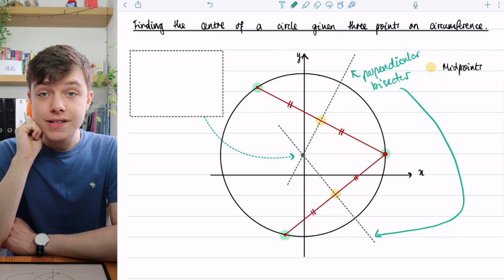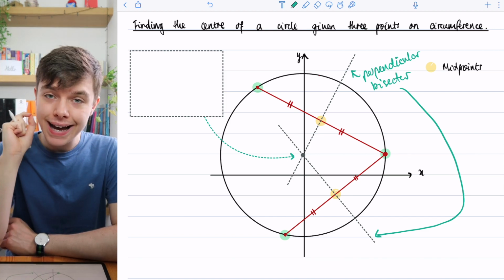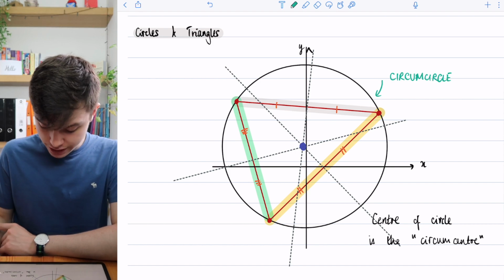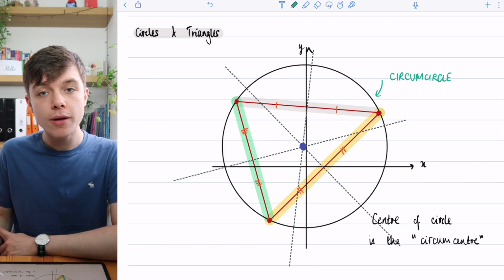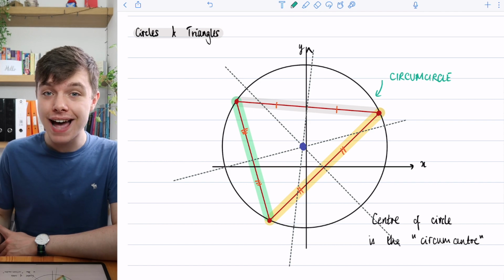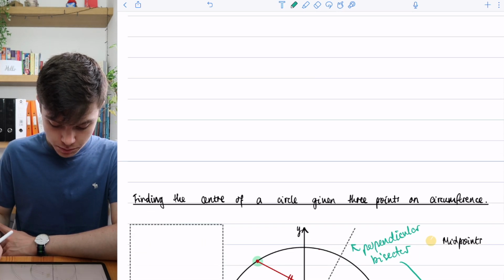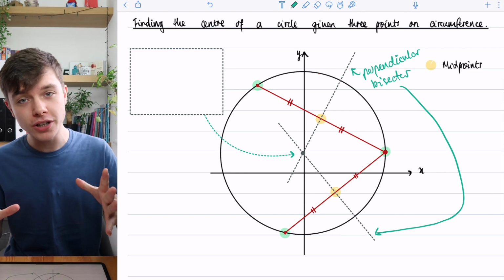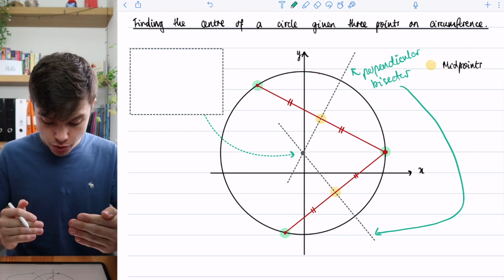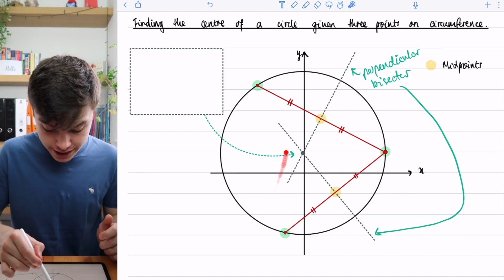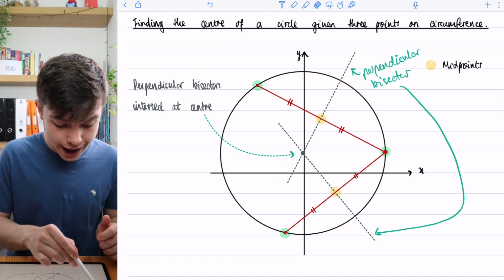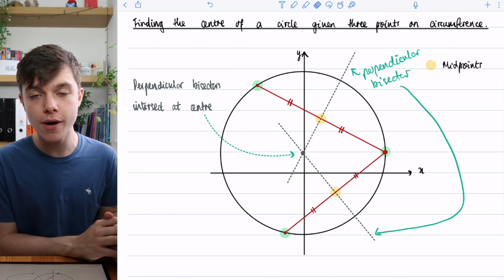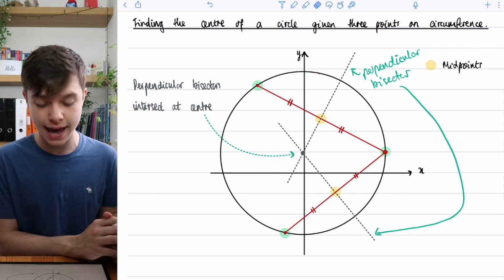So the two red lines are the chords, and we can see that they are intersecting, and like I said right at the top here, the blue point is the centre of the circle. All the perpendicular bisectors intersect at the centre. So looking here, if we have two chords, we have 3 points on the circumference, two chords, and two perpendicular bisectors, we can work out the centre of the circle, because the centre is where the two perpendicular bisectors intersect.